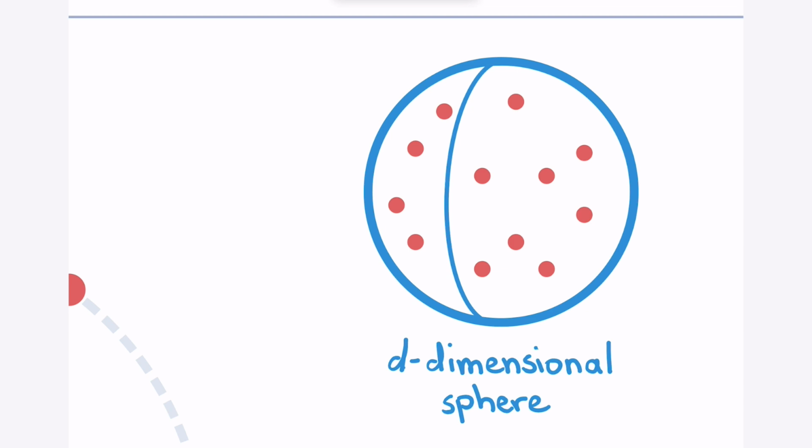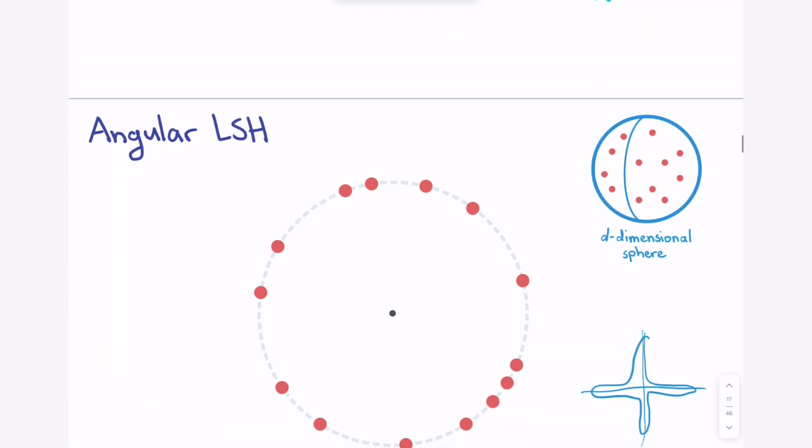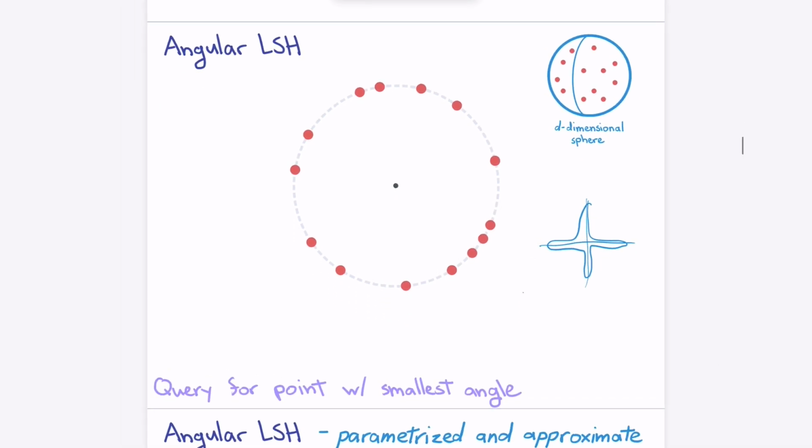But the real thing is that it's on some high dimensional sphere. And I have some query point, and I want to find the closest point. If you look at any two-dimensional slice, that's a two-dimensional picture, but it's a little bit misleading, is all I wanted to suggest.